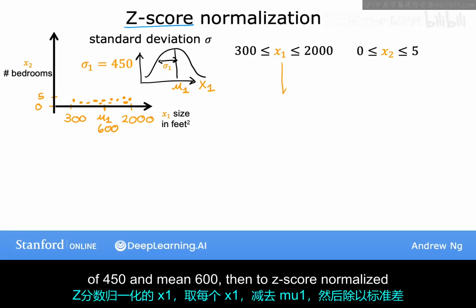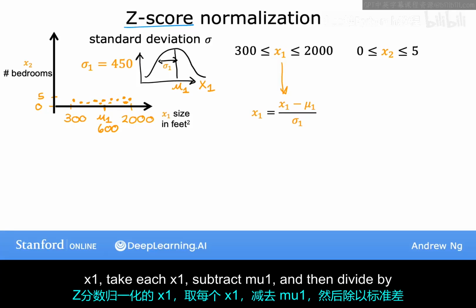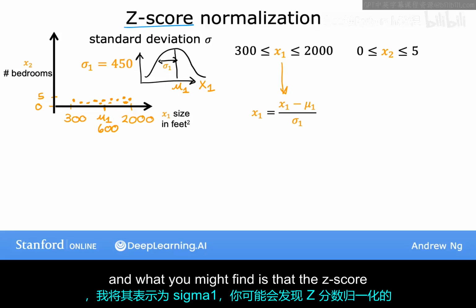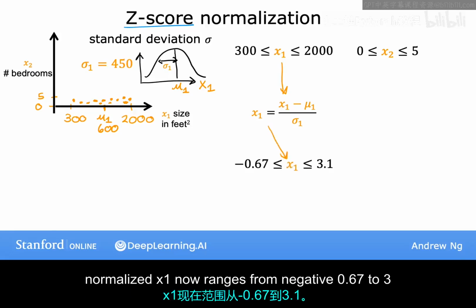Then to z-score normalize x1, take each x1, subtract mu1, and then divide by the standard deviation, which I'm going to denote as sigma 1. And what you might find is that the z-score normalized x1 now ranges from negative 0.67 to 3.1.